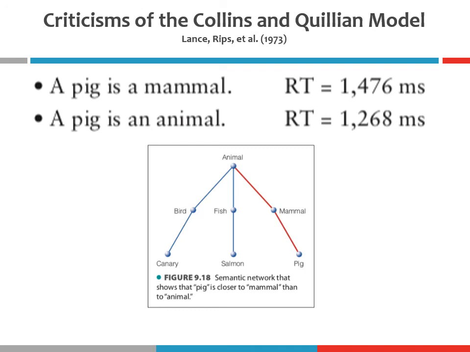So that is a result that contradicts the predictions of this model: people are actually faster when they have to travel all the way from pig to animal than if they only have to travel from pig to mammal. That seems to violate a critical prediction of this theory.